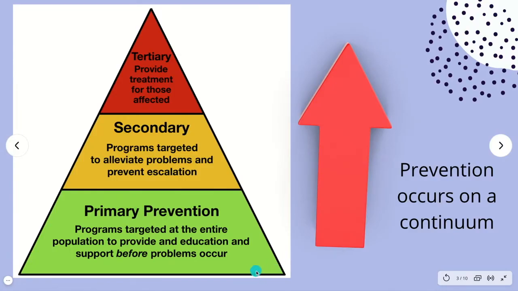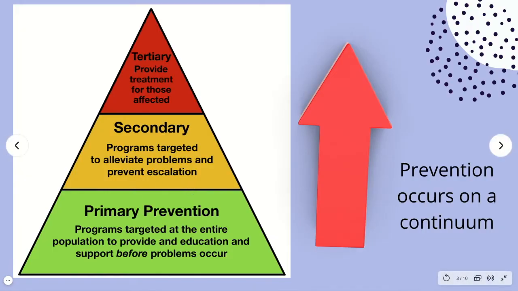Remember, primary here, we're trying to target the entire population or a huge portion of a population. Here's where we're trying to educate and support before something occurs. So primary prevention, you're going to get the most bang for your buck because you're trying to stop things from happening and on a large scale. So then we move up to secondary.